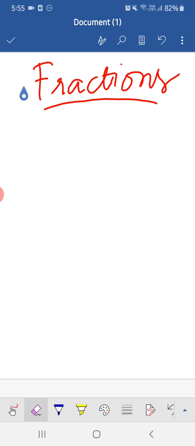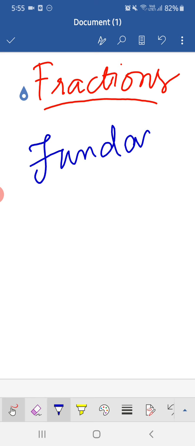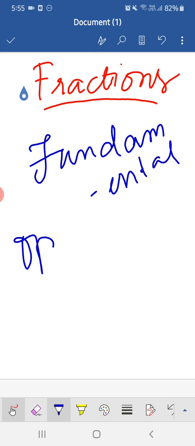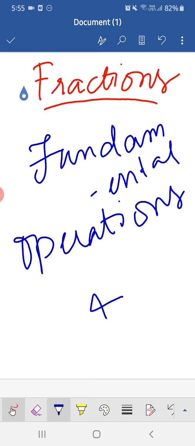We all know what fundamental operations are. We have 4 fundamental operations. What are those 4 fundamental operations?